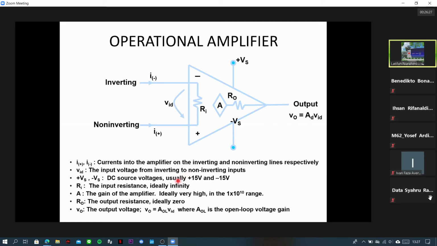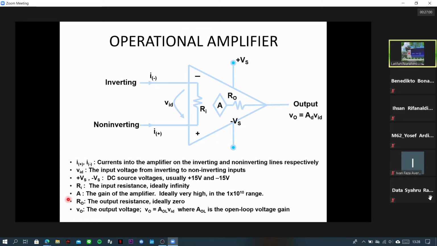Okay, and here we have Vs plus and minus. This is the source voltage, usually plus and minus volts. And for the resistors inside the operational amplifier, we don't really discuss this in more detail, but it's good for you to know that inside we have Ri and also Ro for the output resistance.